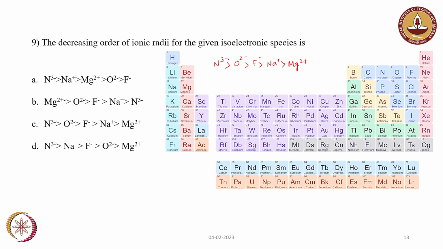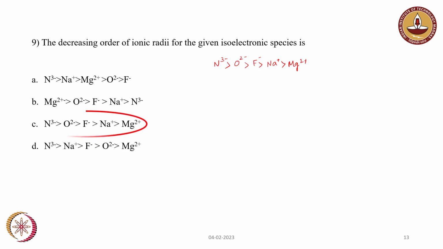So nitrogen with 3 minus will have the larger size, then O2 minus, then F minus. And between two cations, the one with the lowest positive charge will have the larger radius, because it has lesser effective nuclear charge compared to those with a large number of positive charges in the nucleus. So the answer is option C.